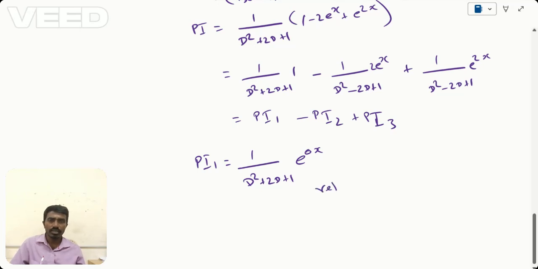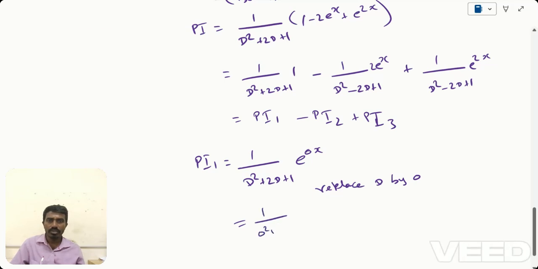So now replace D by 0. Then what you may get? 1 divided by (0 square plus 2 into 0 plus 1) into e power 0x, which is nothing but 0 plus 0 plus 1, so 1. So 1 into e power 0x, finally you get 1 only.